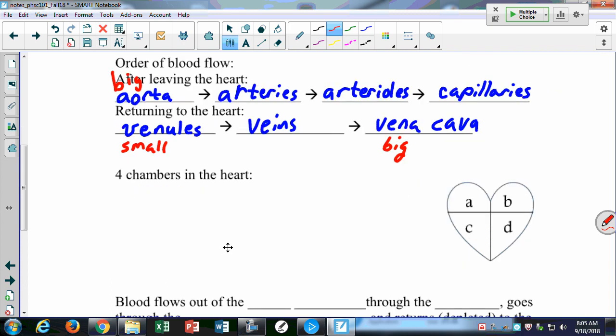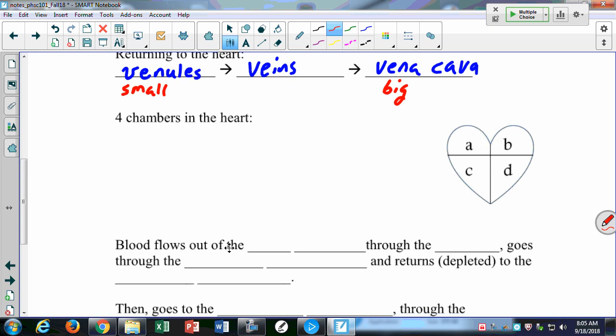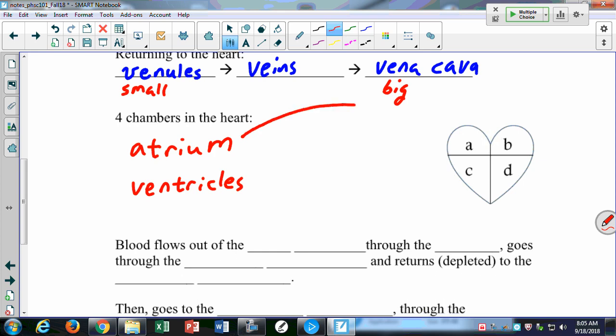All right, so you have 4 chambers in the heart. The atria and the ventricles. Atrium, as I said earlier, is up top. It's like the atrium in a hotel. And then the ventricles are down bottom. Those are your 2 chambers called the atria, and the bottom chambers are the ventricles.